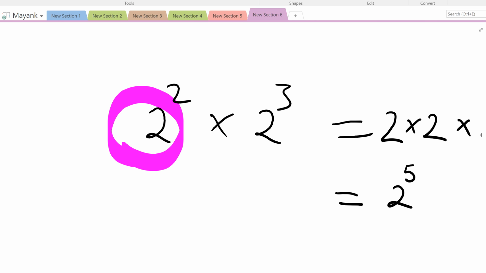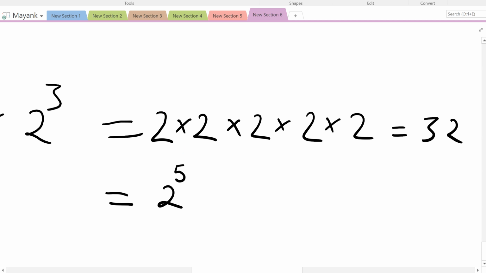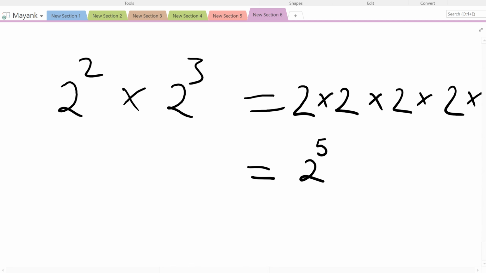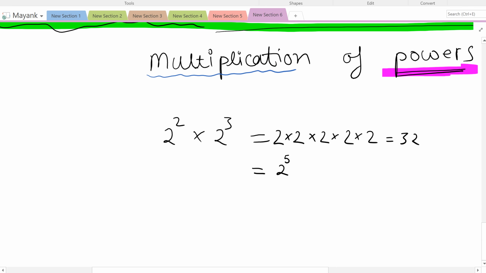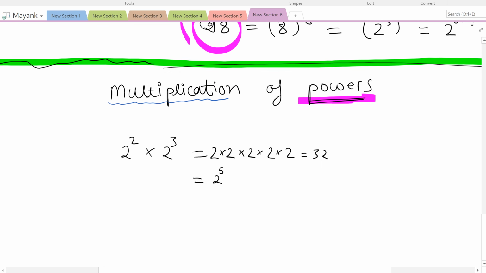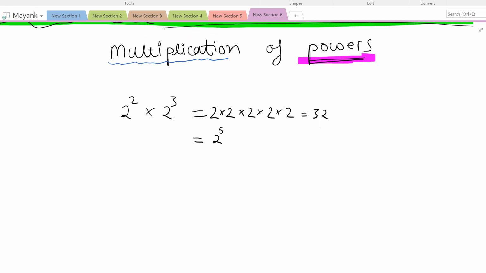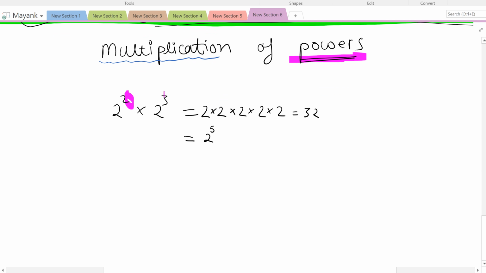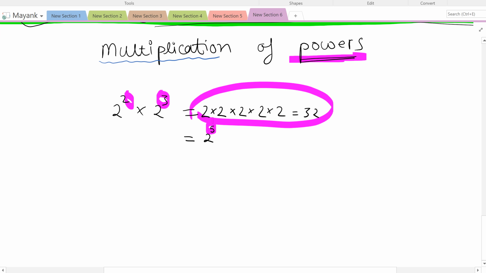Got it? Rather than multiplying, you could have simply added them, like 2 plus 3 is 5. So we can skip all those steps.